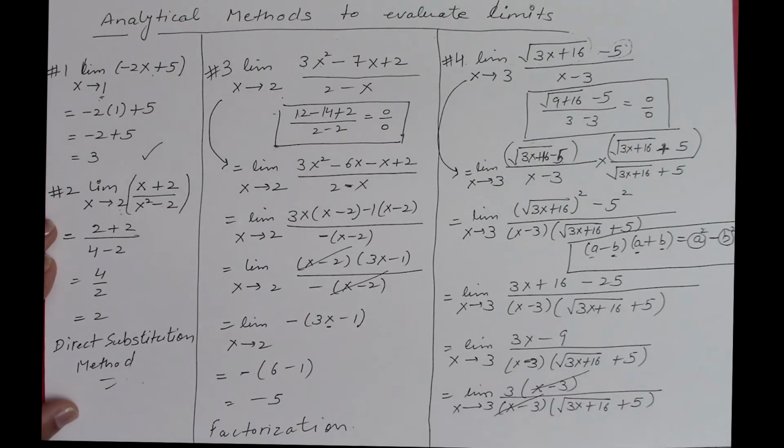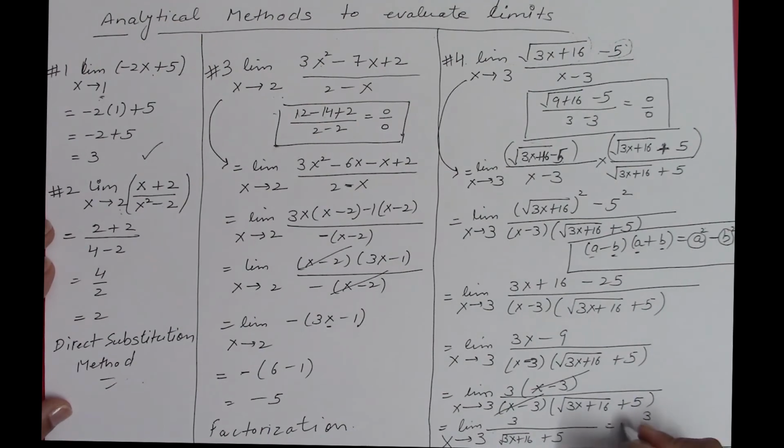Now again the like terms are cancelled, so it becomes limit x approaches 3 of 3 over (root of 3x plus 16 plus 5). Now I can just plug this value into this function, so I get 3 over root of 9 plus 16, root of 25 plus 5, which is equal to 3 over 5 plus 5.